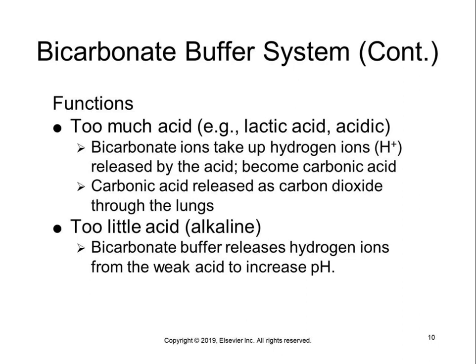Function: with too much acid, such as lactic acid, bicarbonate ions take up the hydrogen ions released by the acid and become carbonic acid. Carbonic acid is released as carbon dioxide through the lungs. With too little acid, the bicarbonate buffer releases hydrogen ions from the weak acid to decrease alkalinity and increase acidity.